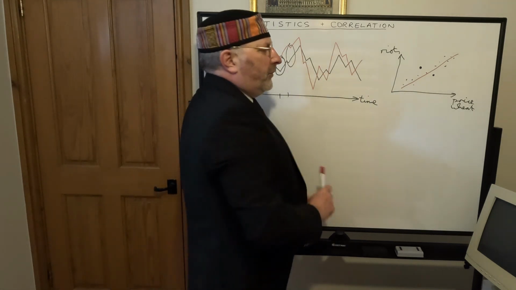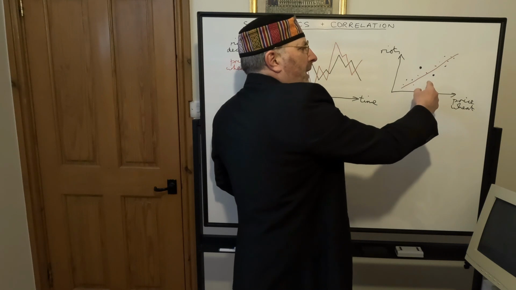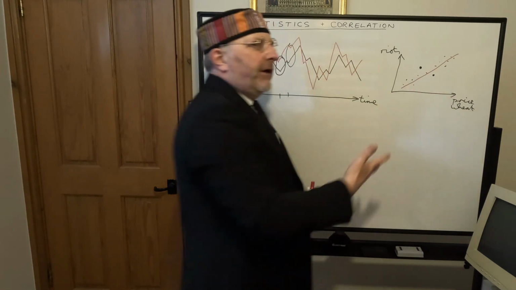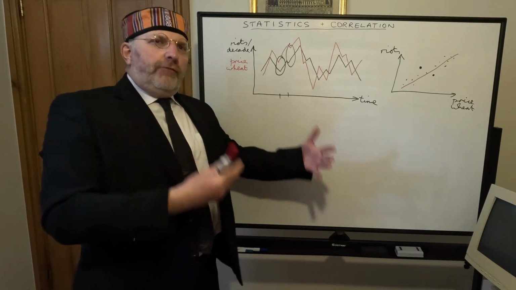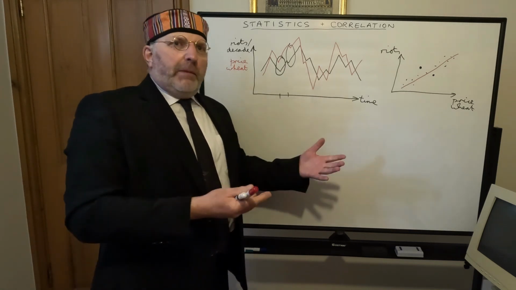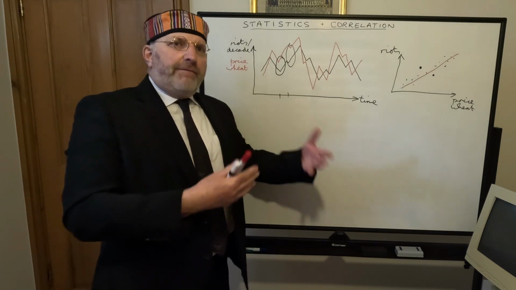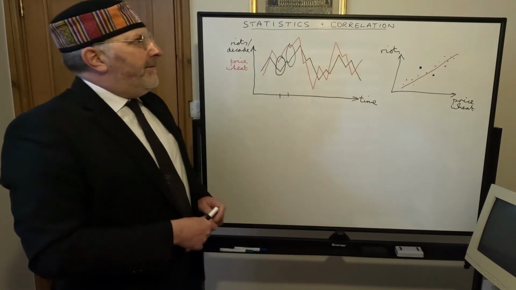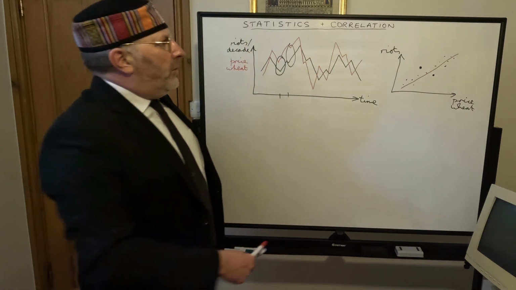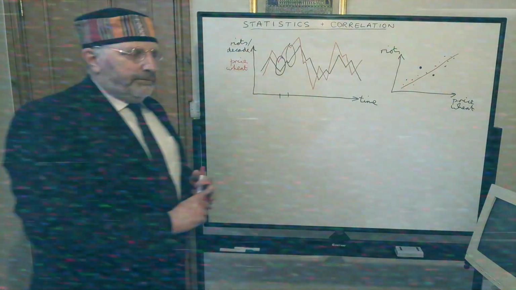And what we want to do is quantify that. How much of this variation in the amount of rioting is explained by the price of wheat? And if we find that it's 60%, then that leaves 40% that's unexplained by the price of wheat, and that encourages us to look for other factors that explain the residual variation in the amount of rioting. So that is all the topic of correlation.